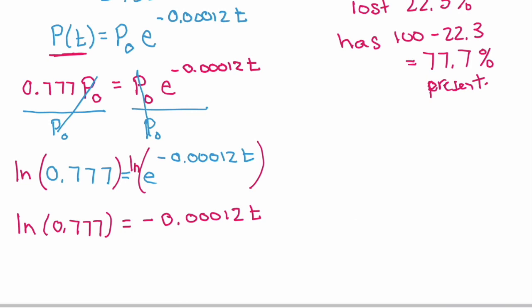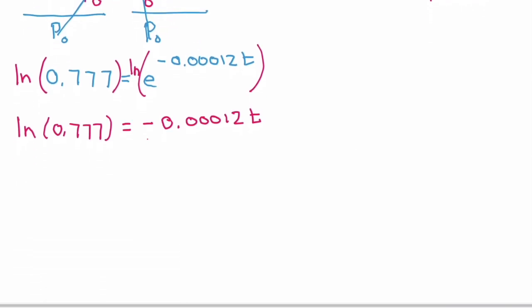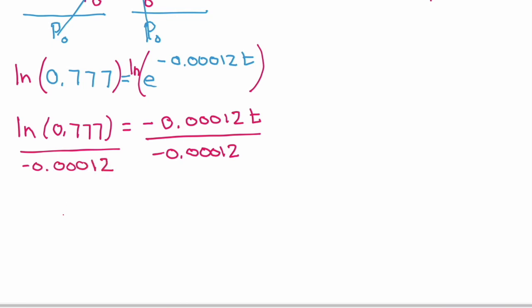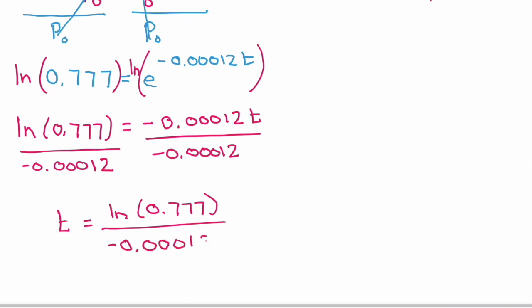And to solve for t, we'll divide both sides by negative 0.00012. So t is going to be equal to the natural log of 0.777 divided by negative 0.00012.